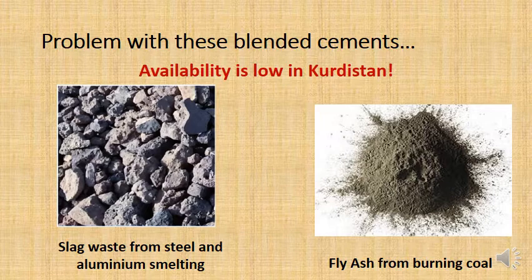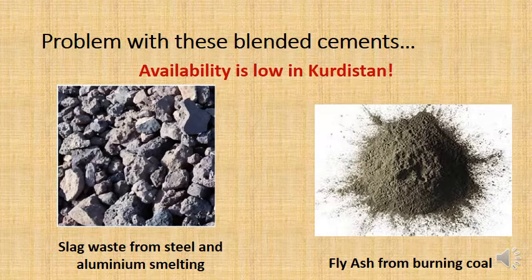Likewise, we do not have fly ash from burning coal. We have a tiny amount of fly ash from barbecues, but really where we need to be getting fly ash in big quantities is from power stations that burn coal. We do not have any coal burning power stations in Kurdistan.